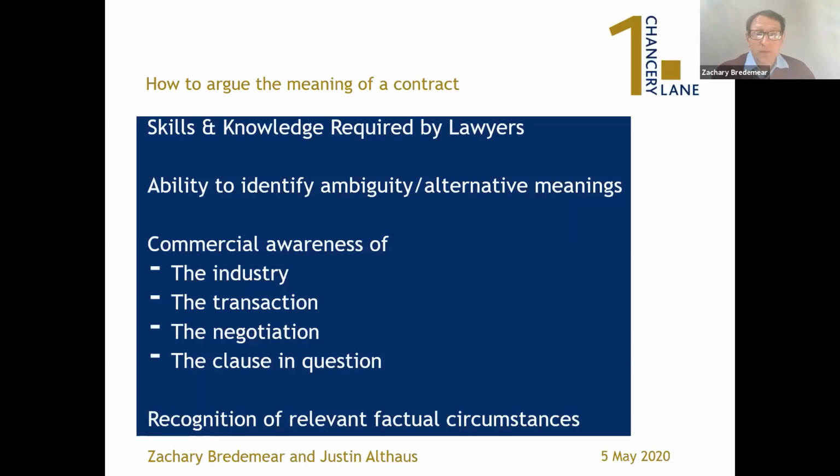One of the difficulties with the breadth of the definition of factual matrix is that it can be potentially very broad, but really to advance a case with clarity, one wants to be able to home in on those matters of the factual matrix which really do go to the root of the construction which one is arguing.